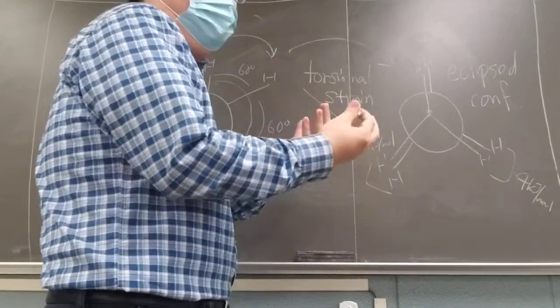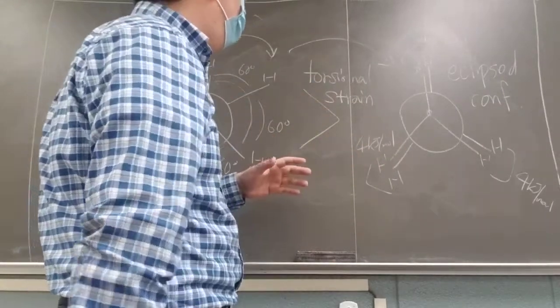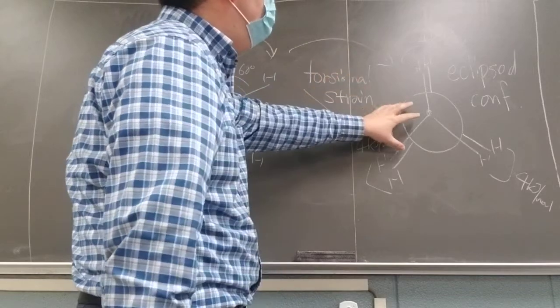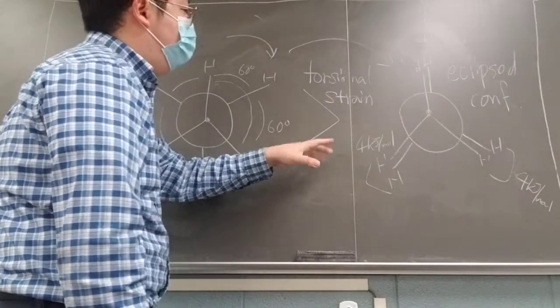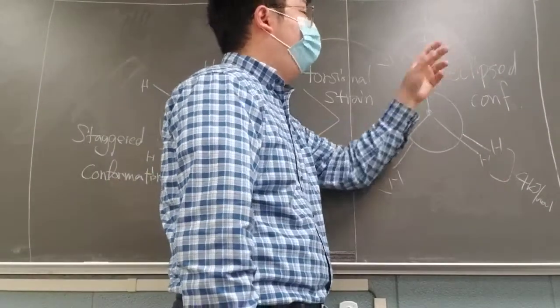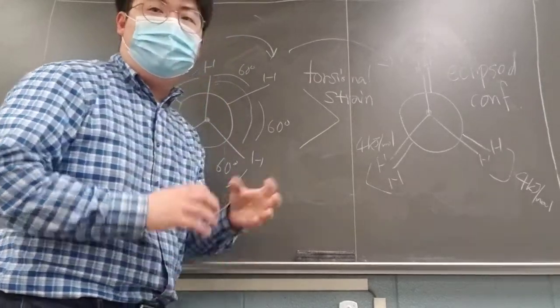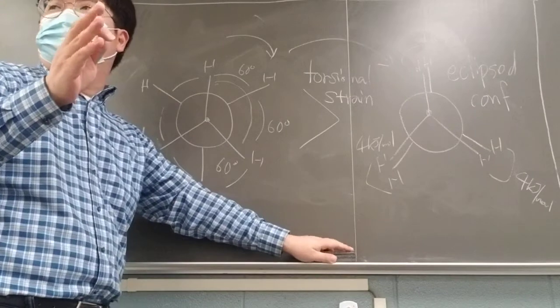So strain is just like the force, things you can put on more. So we name this torsional strain because this is the one that can be forced to be rotated. We call this amount of energy requirement torsional strain, because we have to be forced to rotate. Okay. Can I move on?